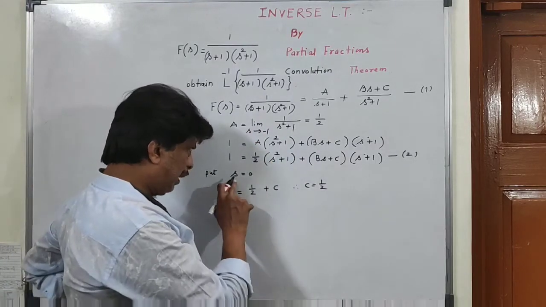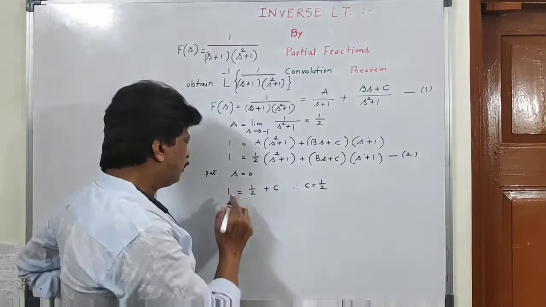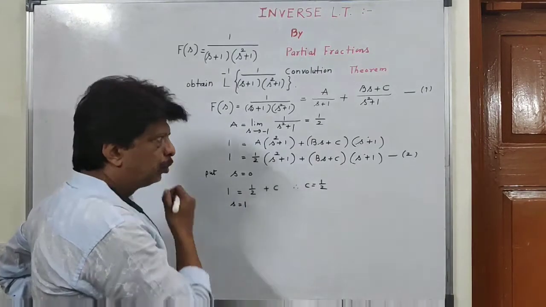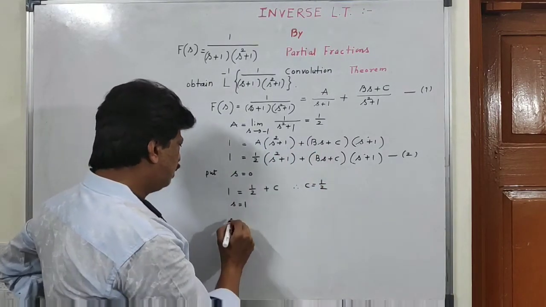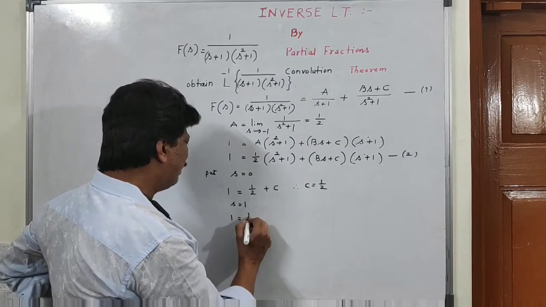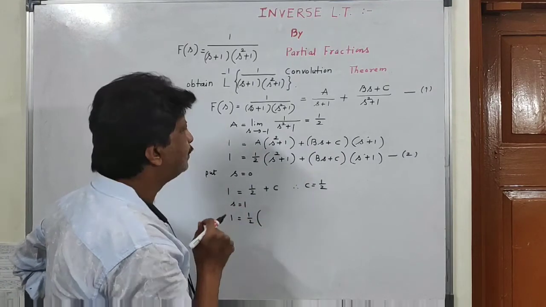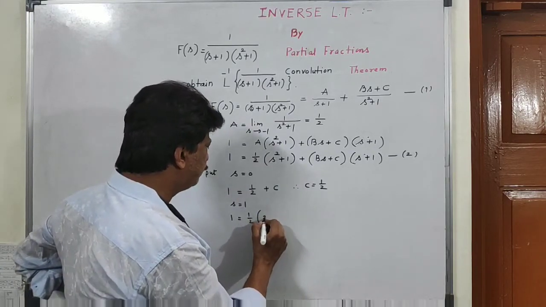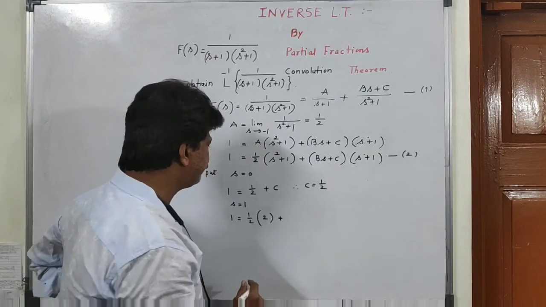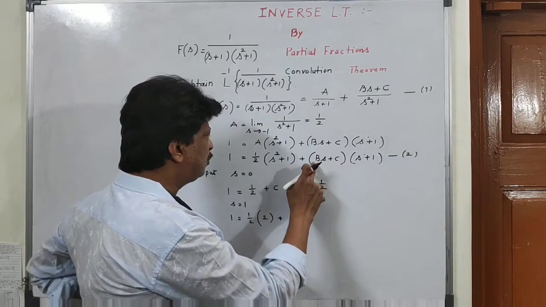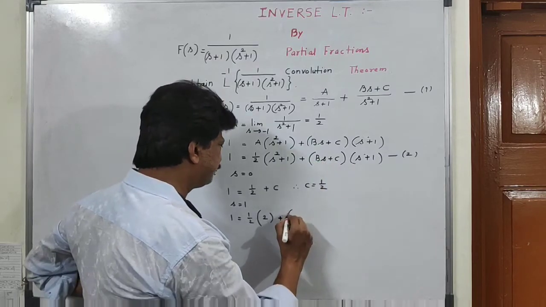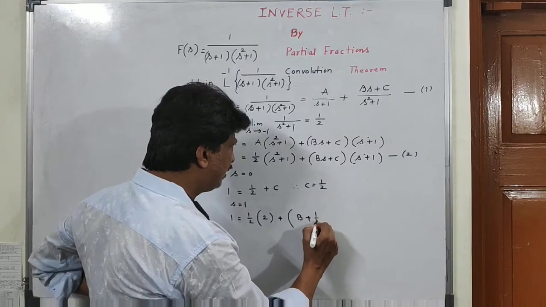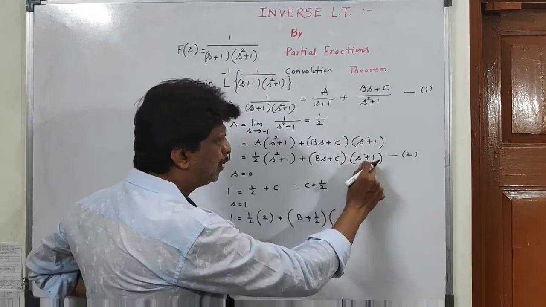Earlier I had put s equal to 0. Now I am putting s equal to 1 in the same equation. So 1 is equal to 1 by 2 times (1 plus 1), which is 2, plus (b plus c) into (1 plus 1).